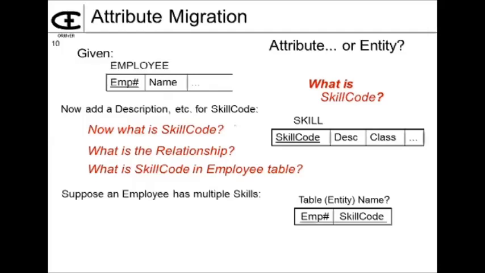If an employee has multiple skills, and a skill still has multiple employees, then it's a many-to-many relationship, and I have to have a composite key. What am I going to call that relationship? Or what am I going to call that table now? It's not really a table. It's a relationship.